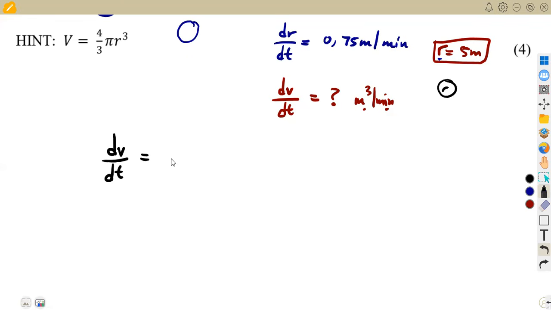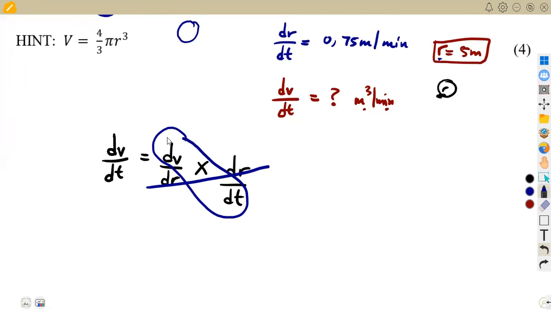So it is going to be dV/dr times the radius with respect to time, dr/dt. These two must cancel so that we remain with dV/dt. If they do not cancel like this, it's wrong.